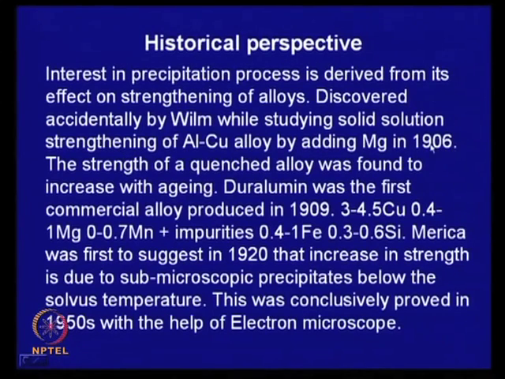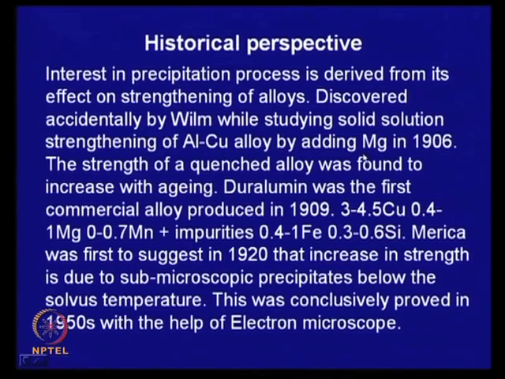So, there was a lot of interest in improving the strength of aluminum alloy, and the process of strengthening that was known then was solid solution. And when he looked at some of these alloys, he found that if you quench, the purpose of quenching was that by quenching you can suppress precipitation, and then you can keep more magnesium in the solid solution.